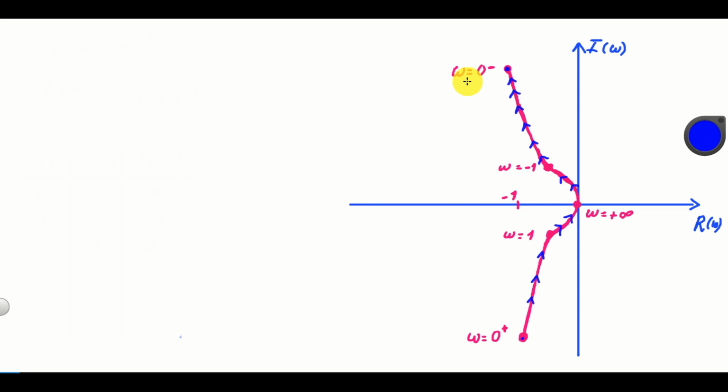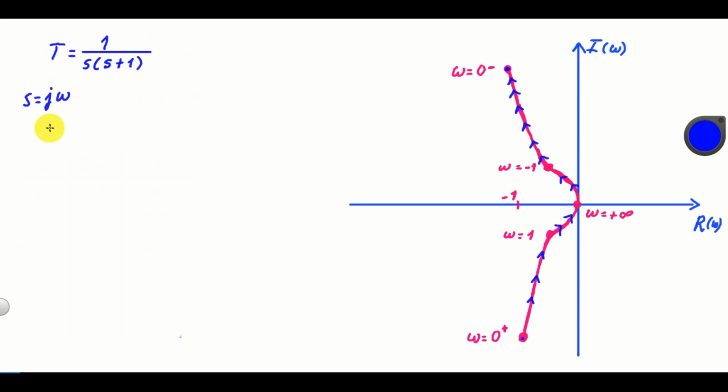To sketch this transition, we need to go back and start from our transfer function. Our original transfer function had this form: 1 over s multiplying s plus 1. At the beginning of this video tutorial, we performed this substitution: s is equal to j omega.